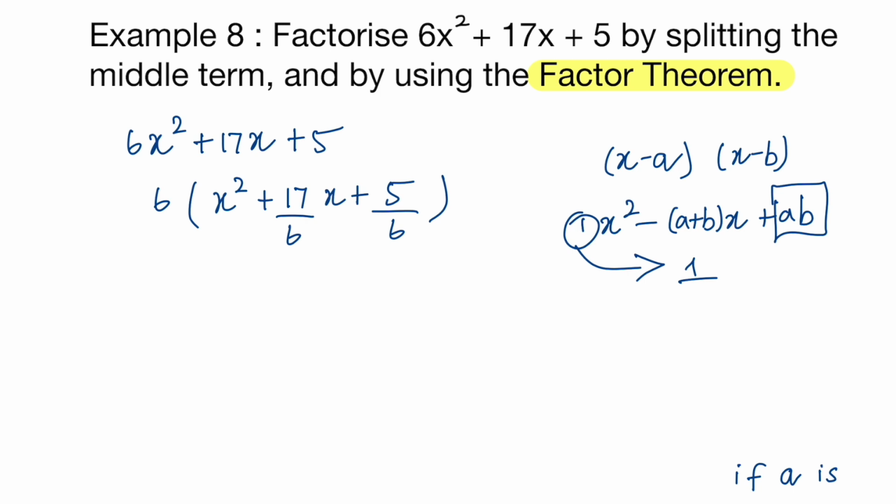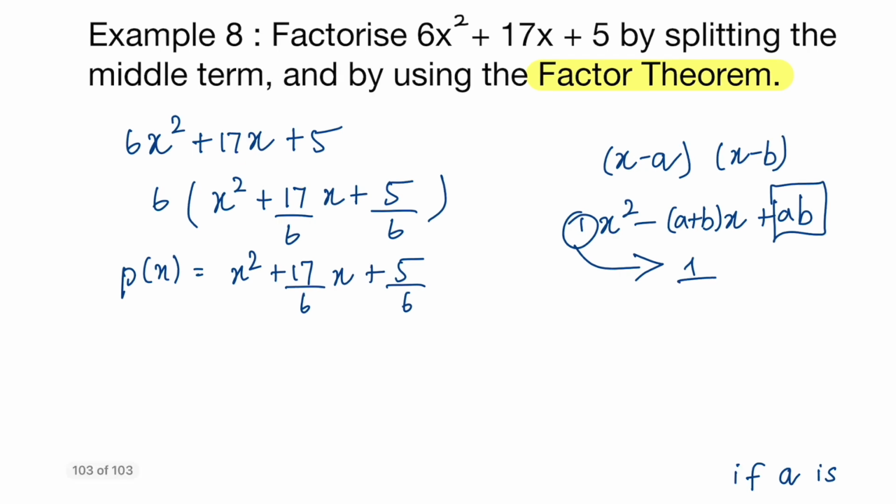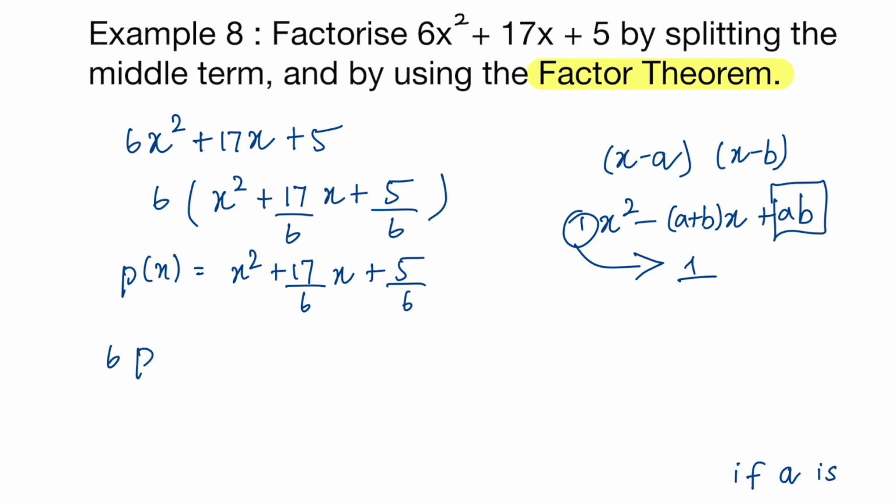Now let us just say p of x is equal to x squared plus 17 by 6 x plus 5 by 6. Let us assume this to be p of x. So this can be written as 6 into p of x. Now as you can see, this polynomial is of this form, and we need to factorize this.